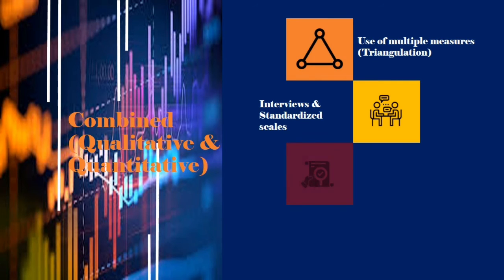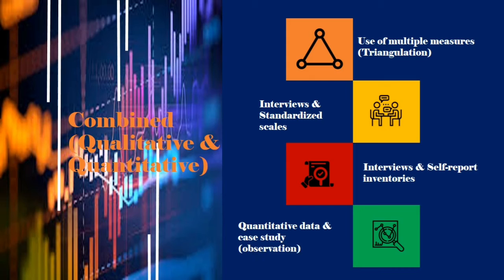Next is the use of combined qualitative and quantitative methods, another term for which is mixed method. Mixed method can be a combination of both the qualitative and quantitative approaches.